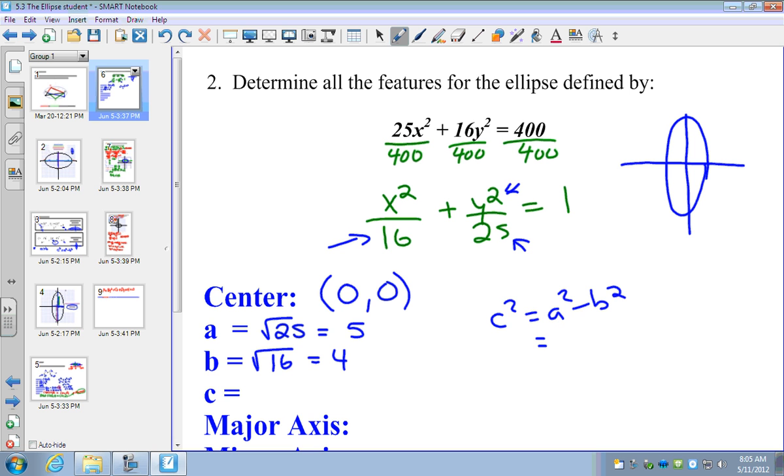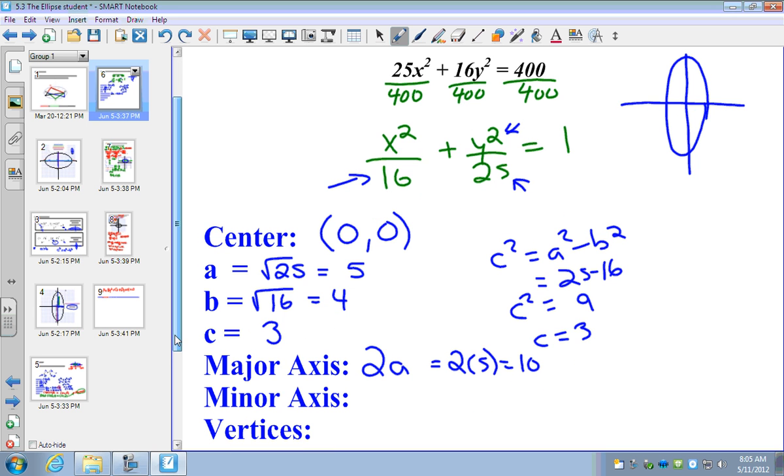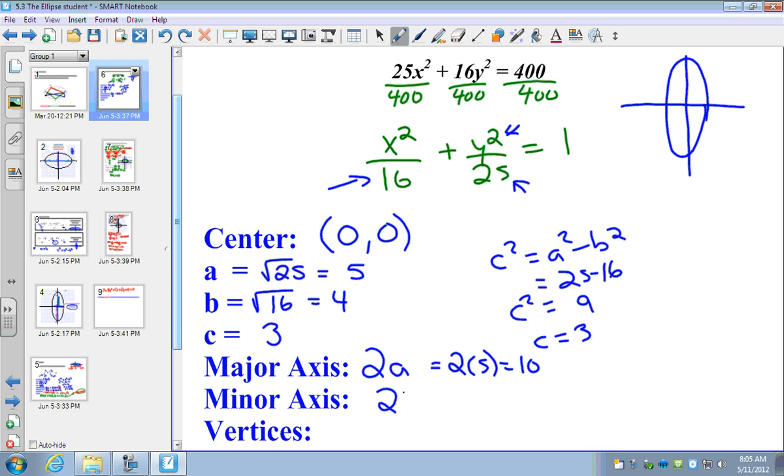So that would be 25 minus 16, which is 9. So if c squared equals 9, c must equal 3. Okay? So the length of my major axis is always 2a, which is going to be 2 times 5, which is 10. My minor axis is going to be 2b, which is 2 times 4, which is 8.